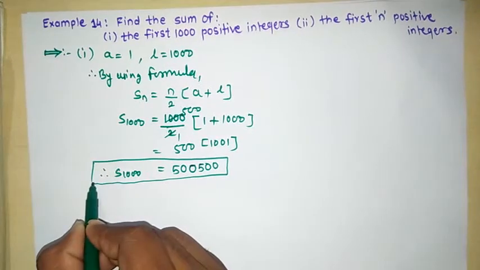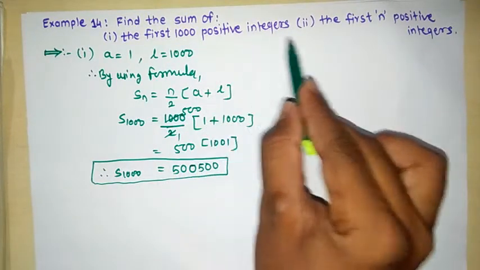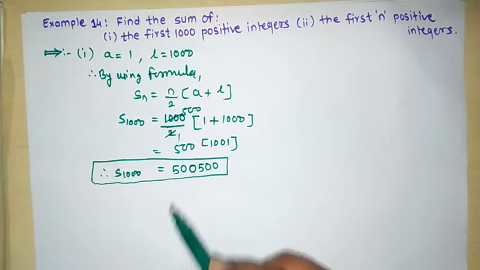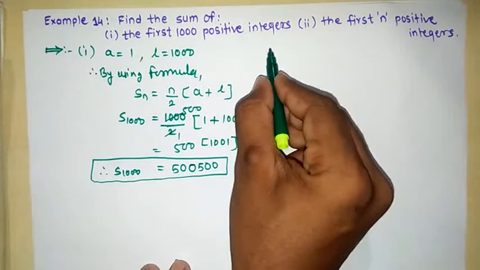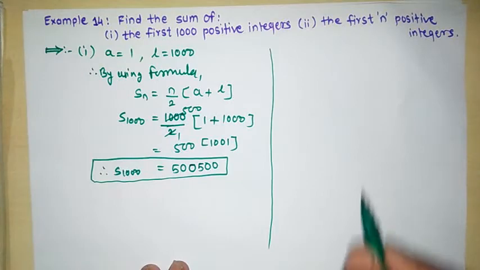We got the sum of the first 1000 positive integers as 500,500.